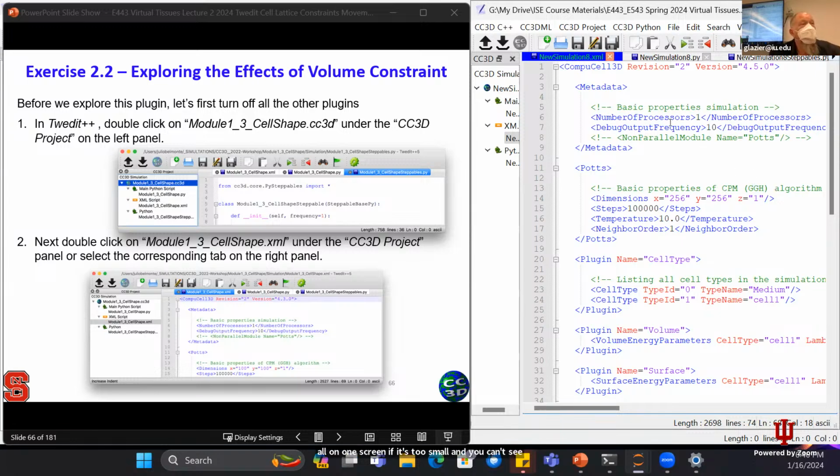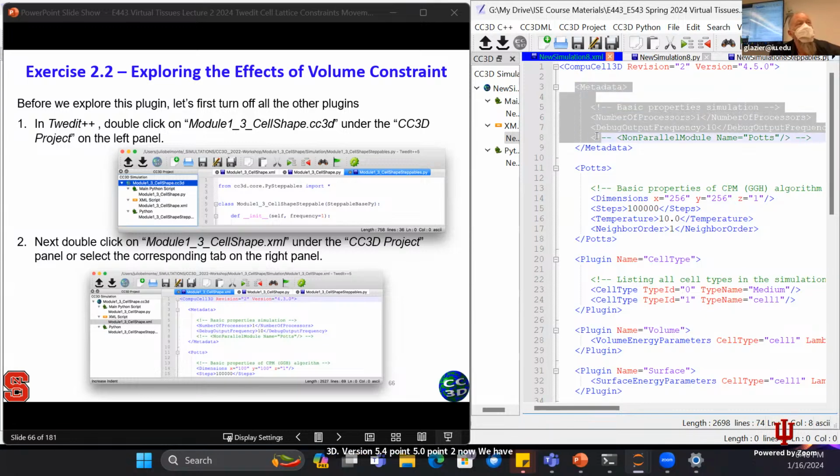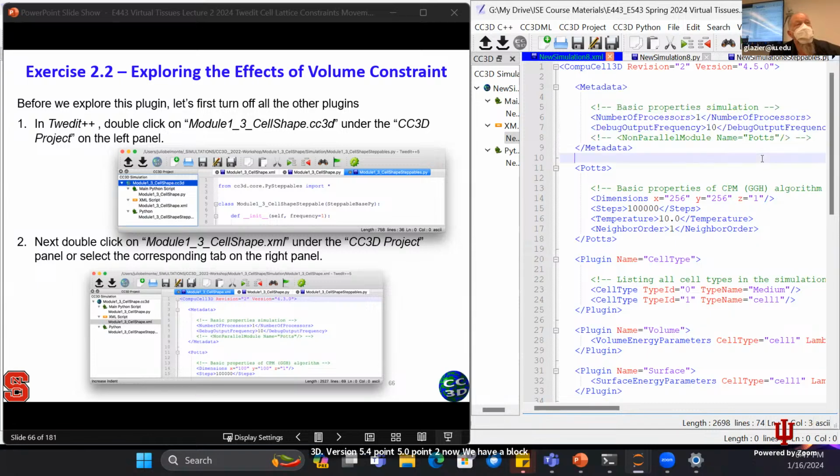And so let's look through our code. We have CompuCell3D, version 4.5.0.2 now. We have a block called metadata, which tells us essentially how to parallelize. CompuCell is intrinsically parallel. The parallelization is turned off, but if we have a fast CPU, we can tell it to use as many threads as we like, pretty much, with some limitations.